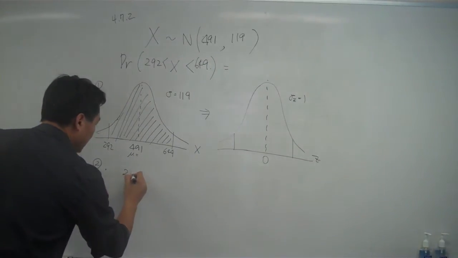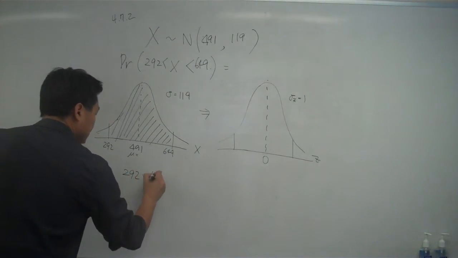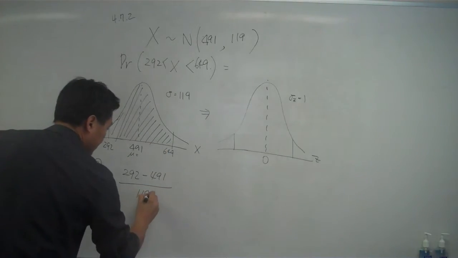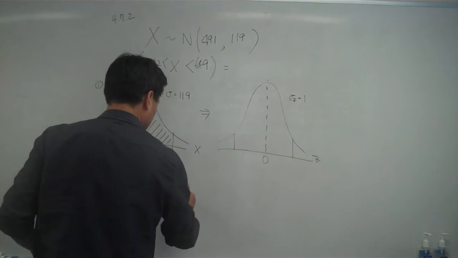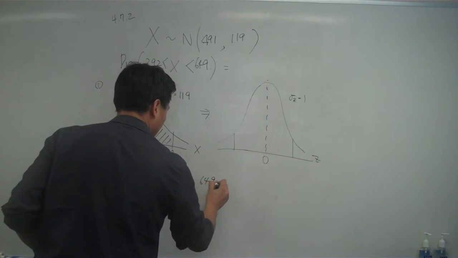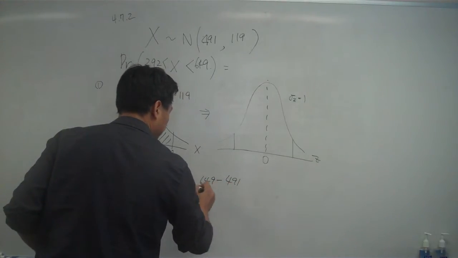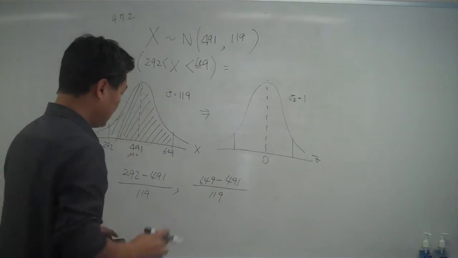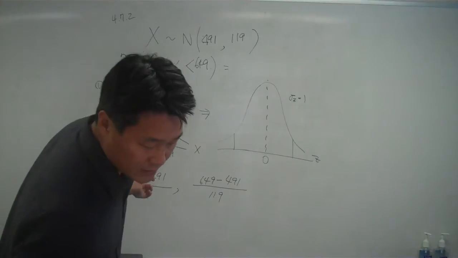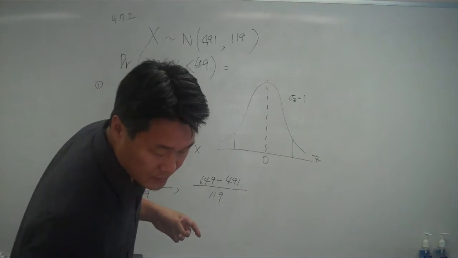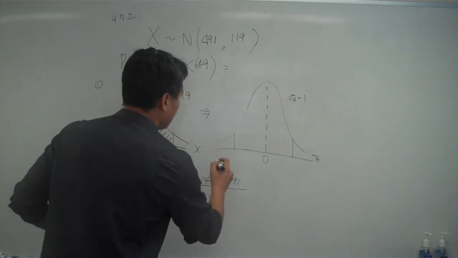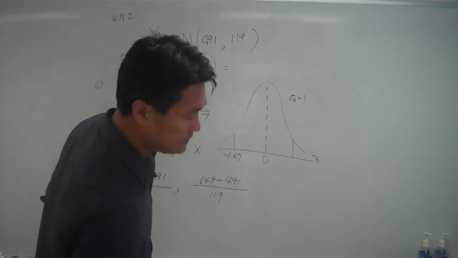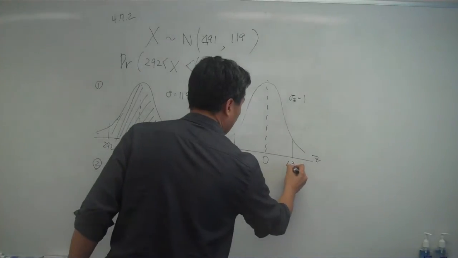First, 292 minus mean over standard deviation. Second number is 649 minus mean over standard deviation. And that will give you Z1 and Z2 score as negative 1.67 and 1.33.